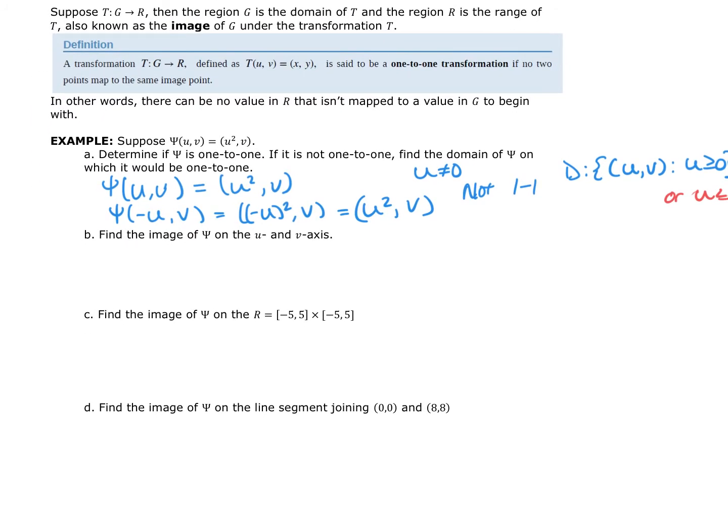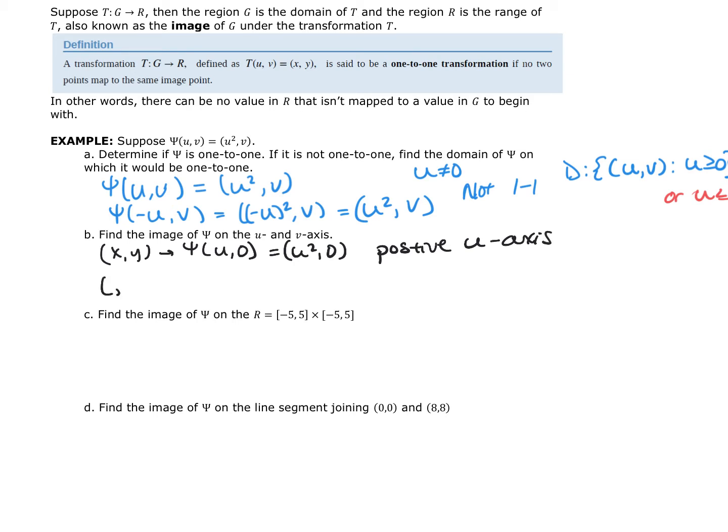Now I want to find the image of phi on the u and the v-axis. So let's start out with what it would look like in terms of x and y. If we are in x and y, then phi of (u, 0) means I would be on the x-axis, so it would be (u squared, 0). That tells me that the image of the u-axis is going to be the positive x-axis only.